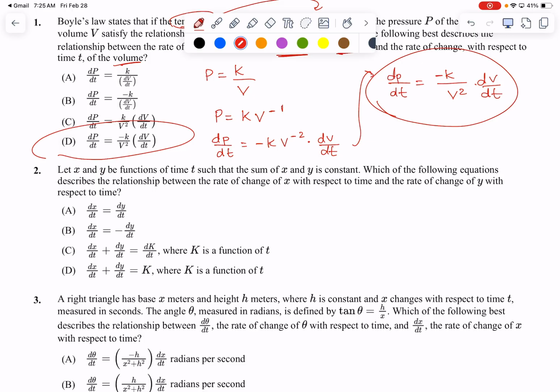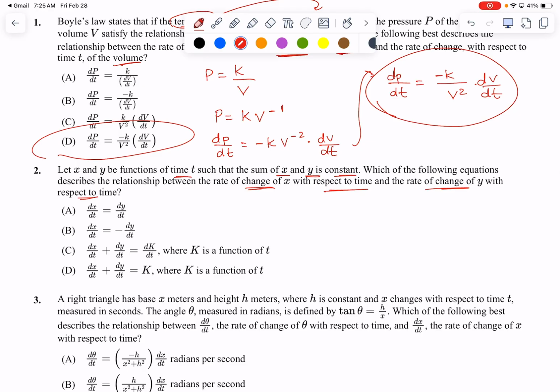All right. Let x and y be functions of time such that the sum of x and y is constant. Which of the following equations describes the relationship between the rate of change of x with respect to time, so we know it's a related rate problem, and the rate of change of y with respect to time?